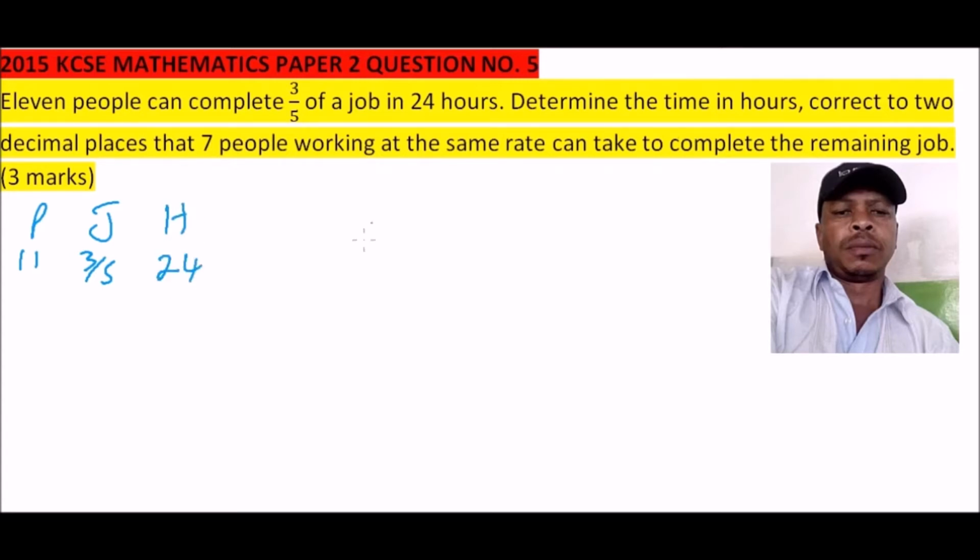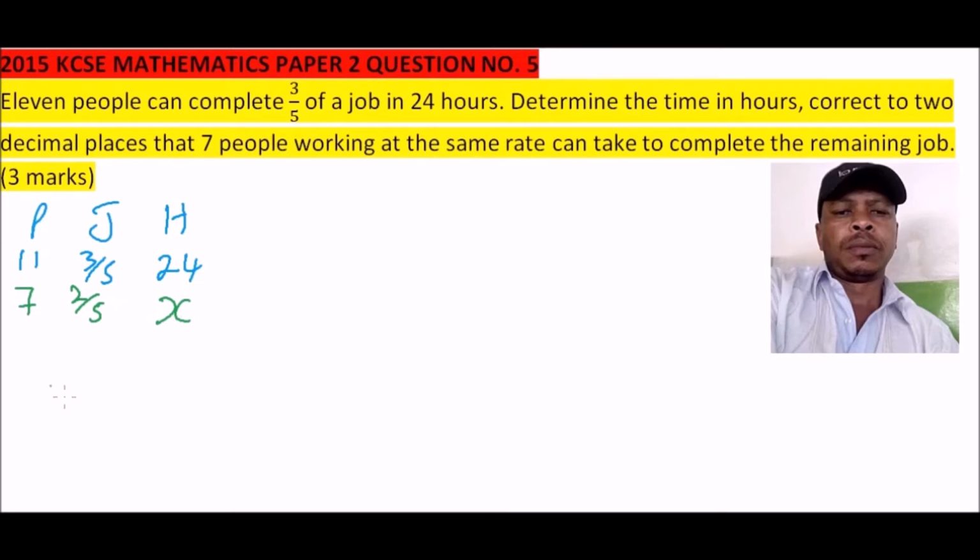So H represents hours. From there, the number of people was reduced to 7. The remaining job, if 3/5 of the job was done, then it means 2/5 of the job is remaining, and we are supposed to find the hours these 7 people took.